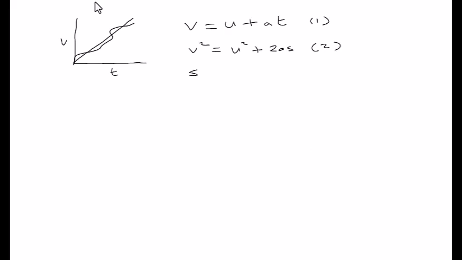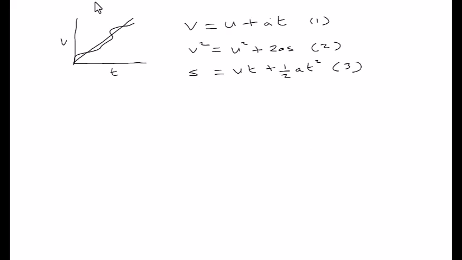And then there is displacement, s is equal to ut plus 1/2 at squared, which we will call equation 3. And these are fundamental to rocketry.